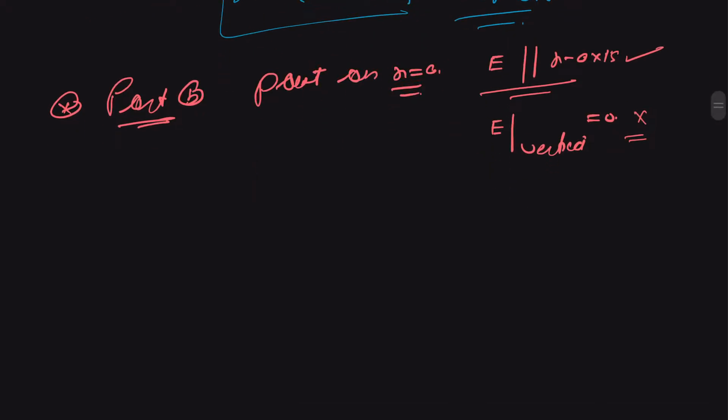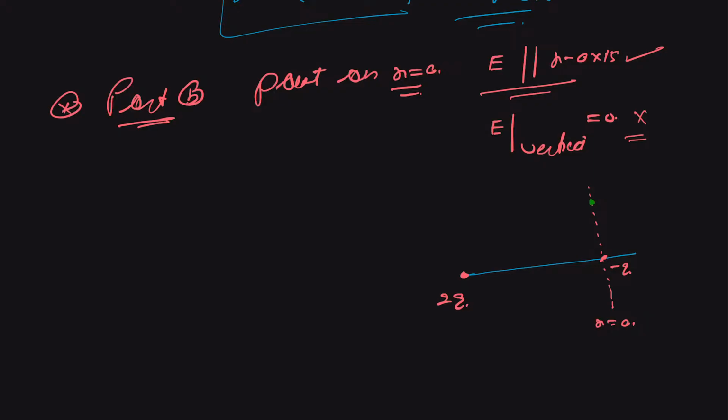And for that let us redraw the figure. So this is our x-axis, one charge we are having is our 2q, and this is our minus q, and this is our x equal to a. And we assume this can be in the positive side as well negative side, that doesn't matter.